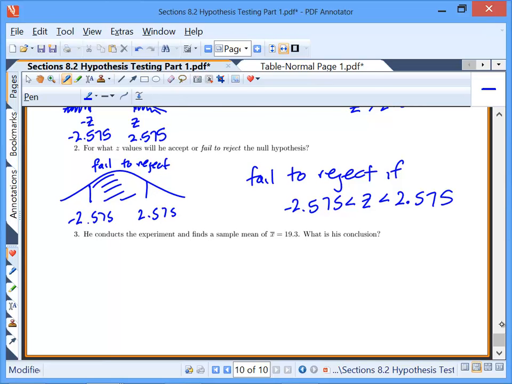Okay. So we've gotten this far. Now he conducts the experiment and finds a sample mean of x bar equals 19.3. So what is his conclusion going to be? We've already figured out this decision rule for what we'll do based on different z-values. So let's just figure out what his z-value would be.